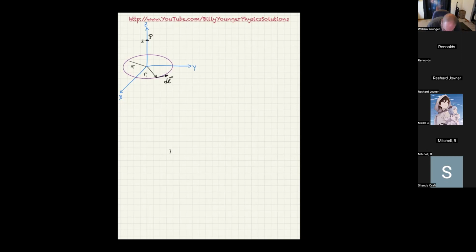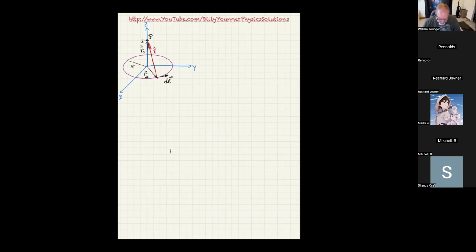That was that thing where I told you if you wanted to use the red vectors, you could. And then this, of course, would be the r_P vector. What you really need, though, is this vector right here, which I'm going to draw in red this time, which points from the dL to the P. That's the R vector that the law of Biot-Savart is actually using.